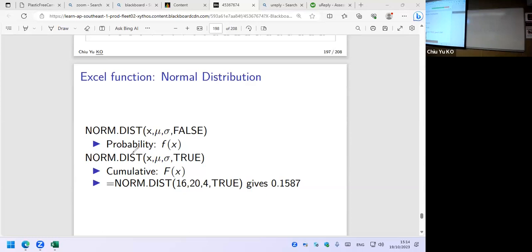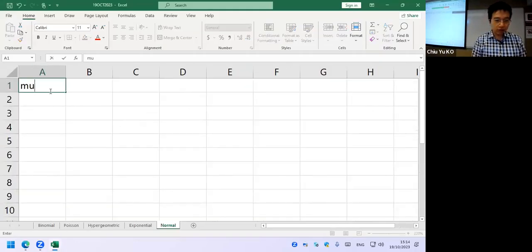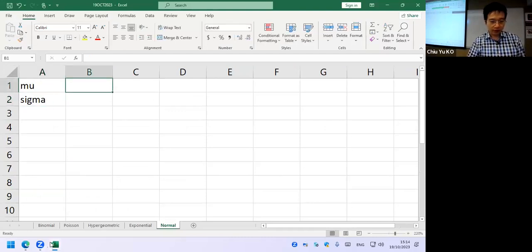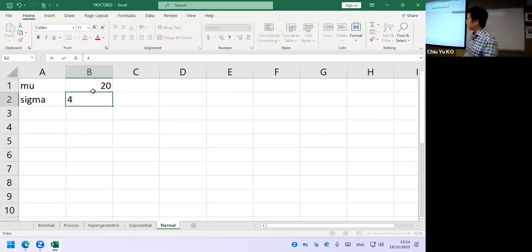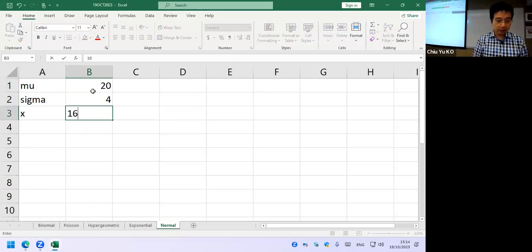Okay, so let me show you this one. That is easy. So what I want is mu and sigma. Okay, I think it's sigma square. Sigma, yeah, sigma. So mu is 20. Do note that this is sigma, not sigma squared. This SD is 4. So x is 16. What is f of x?